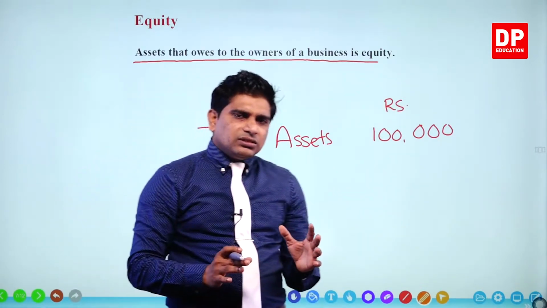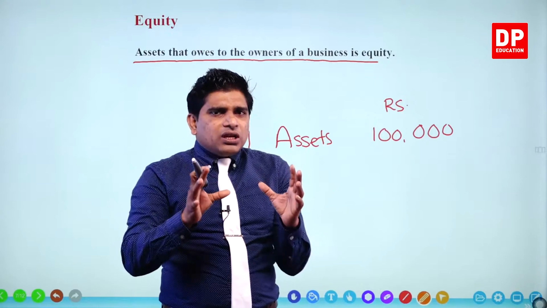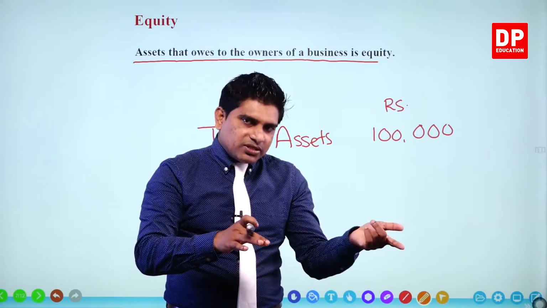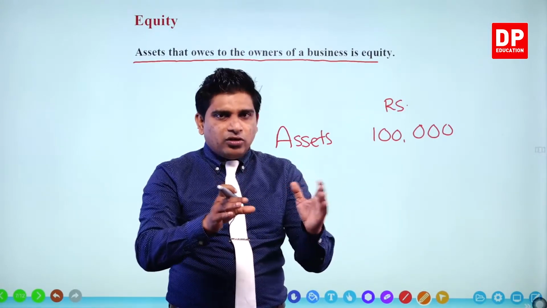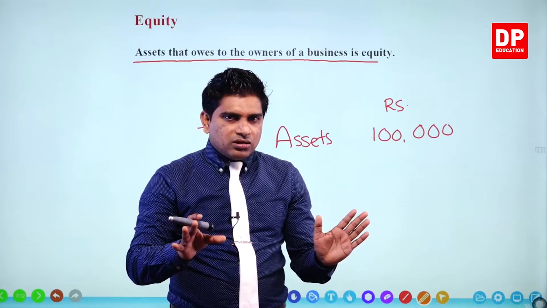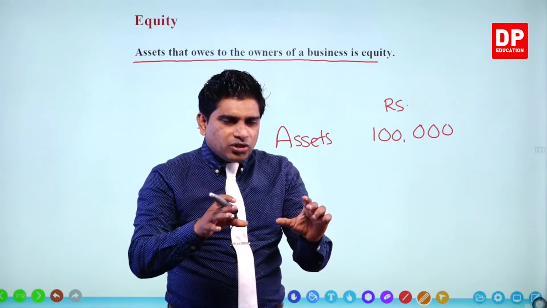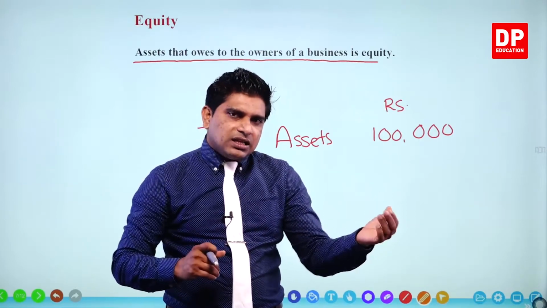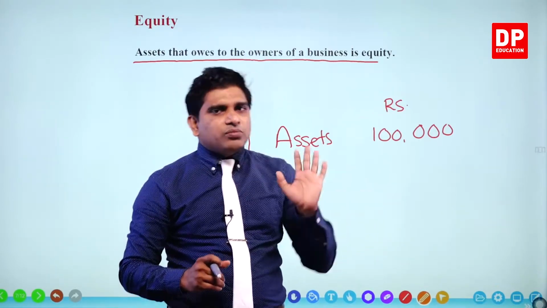Actually, 20,000 you have obtained as a bank loan. That money you can see in the business. When you apply for a bank loan, they have given 20,000 rupees for you as a loan. Now that 20,000 money inside the business, you can see. When you count all the assets, you can take that 20,000 money also.